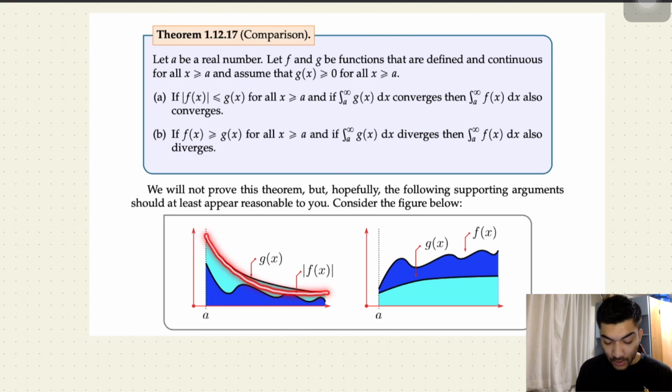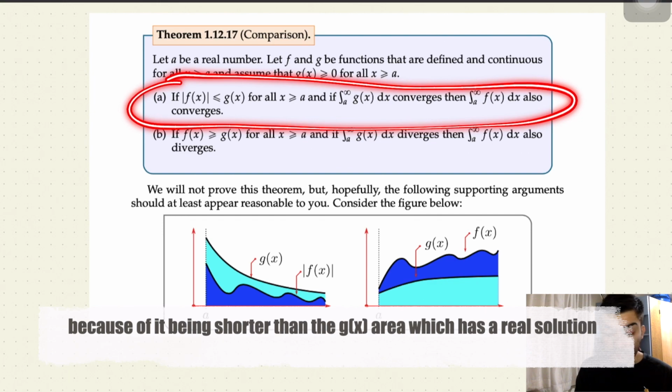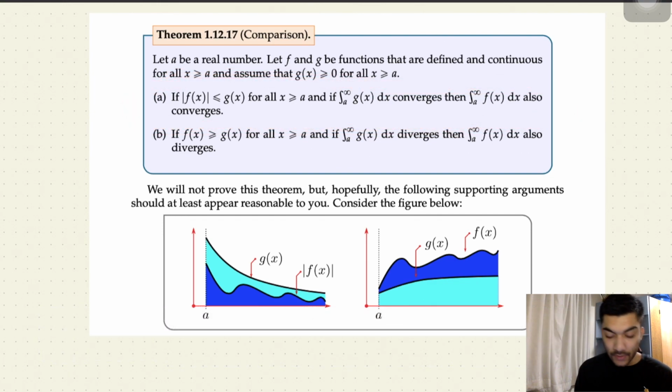If we know that this area under the curve converges, that means we have a real value for this area under the curve, and then we can clearly state that because of the comparison test, this smaller area under the curve will always converge. So that is the first criteria that we can use in order to check whether the definite integral converges.